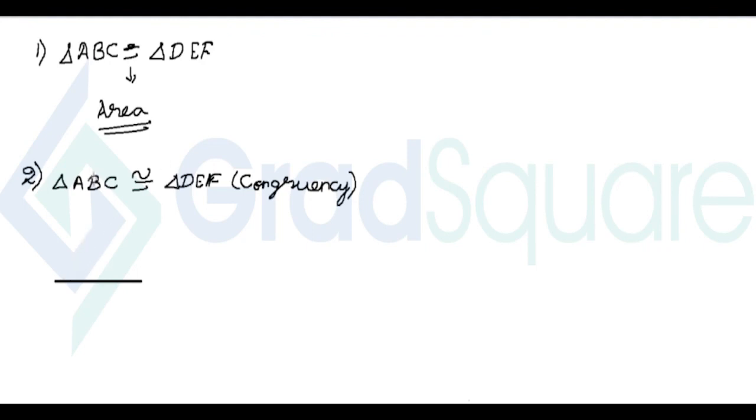When I say superimposed, what I mean is, if I pick up triangle ABC and place it on top of triangle DEF, then both of them will perfectly superimpose on top of each other, such that there are no surplus points on either triangle.